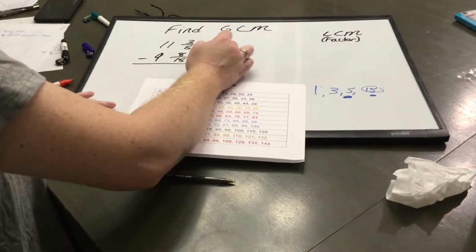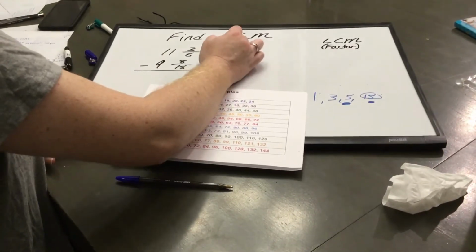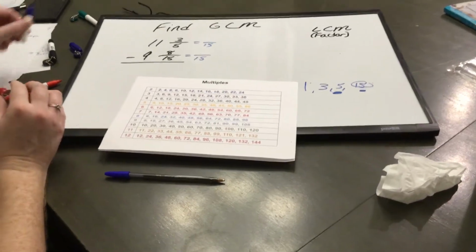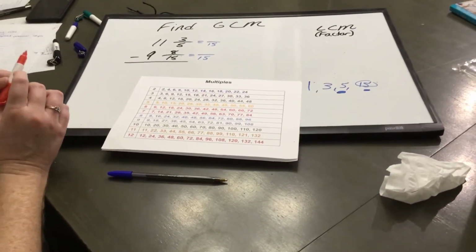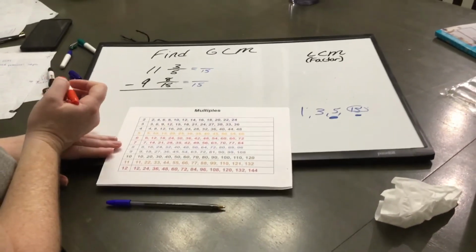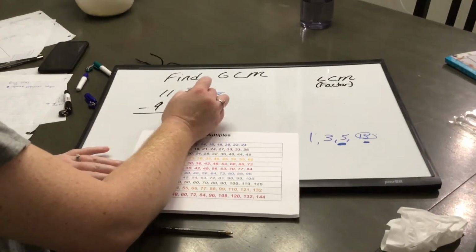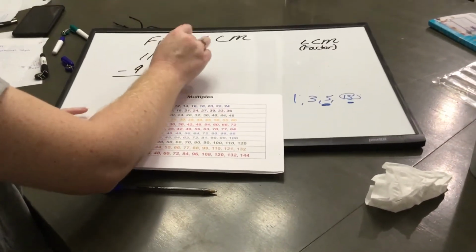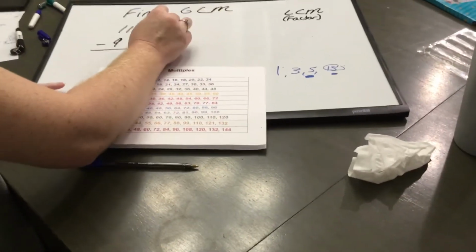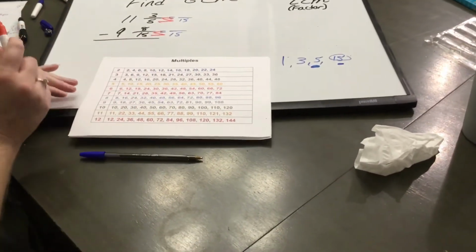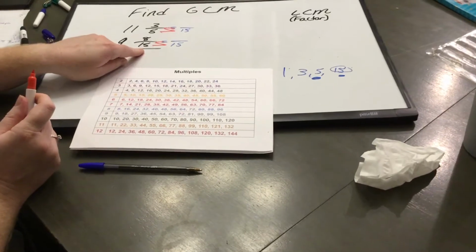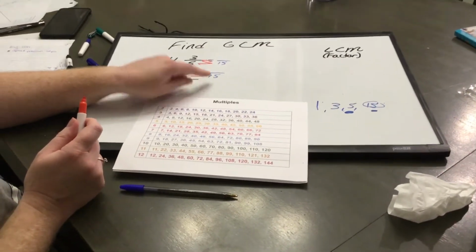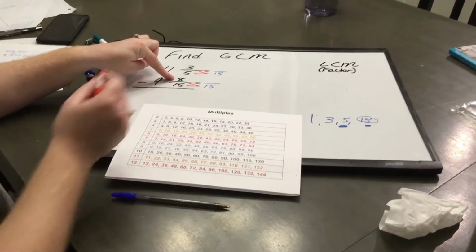So what we do is we make new fractions. Now right here is where we need to do our Z formation to find our missing number. So we do 15 divided by 15 is 1 times 8 is 8.